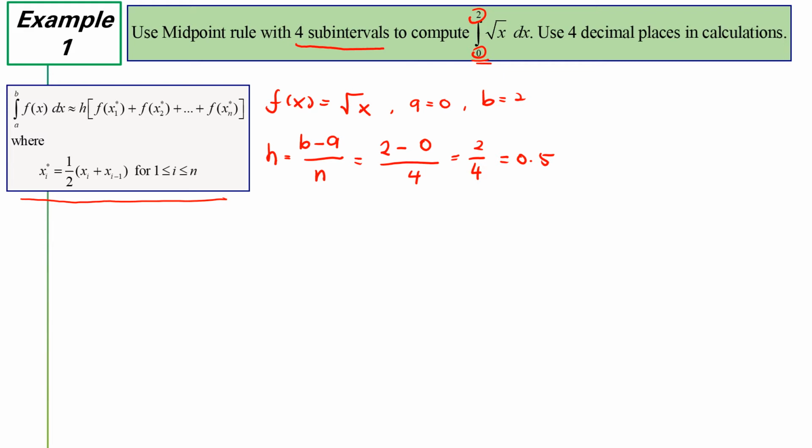It is easier to use a table for the next step. So i is the number of iterations. Next is xi, next is xi star, and f(xi star).